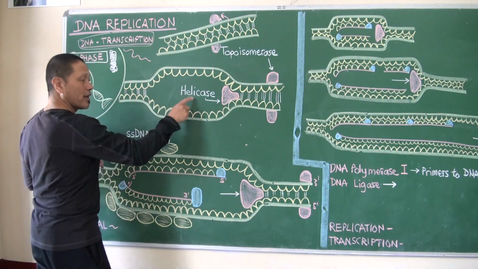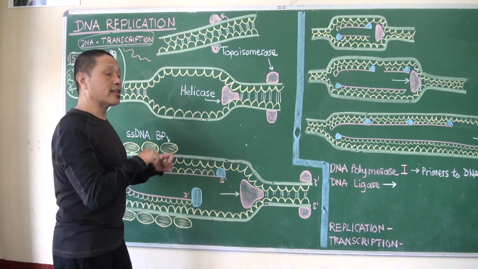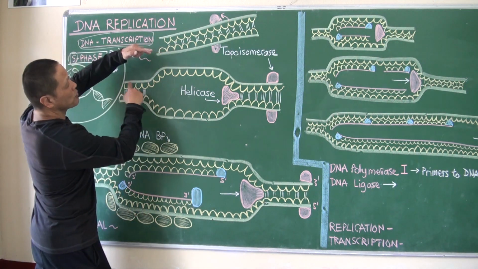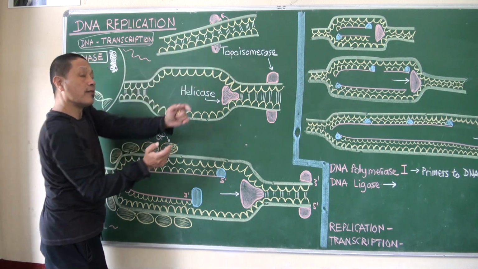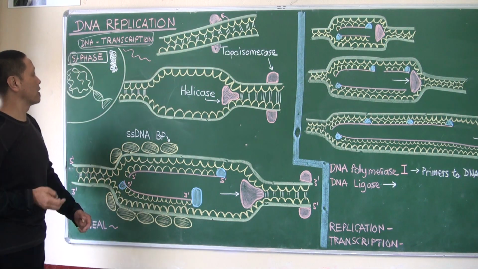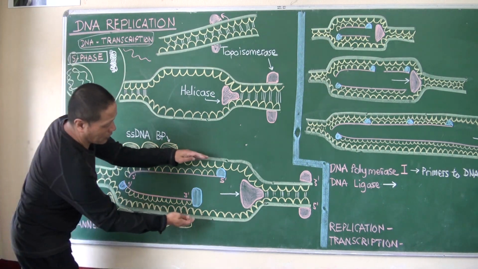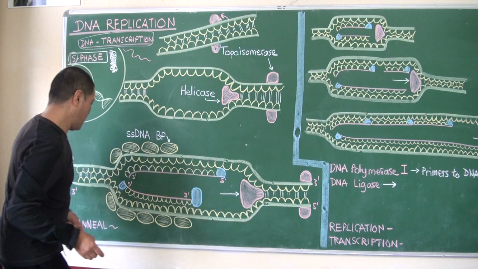What the helicase does is break up those hydrogen bonds and open up the DNA, forming this Y fork for replication.